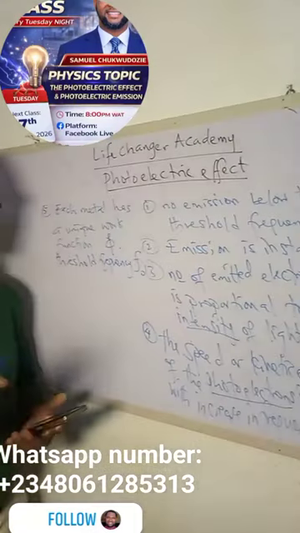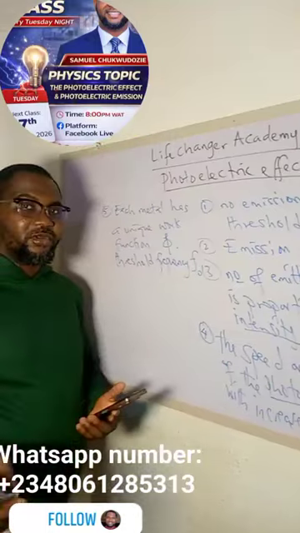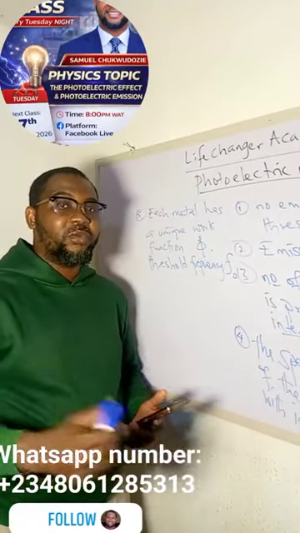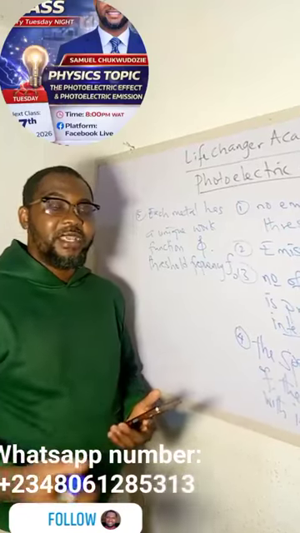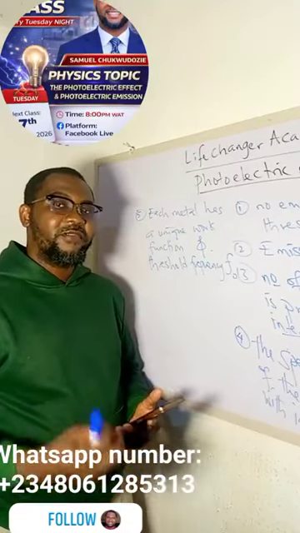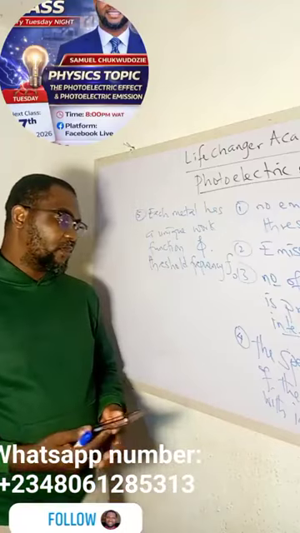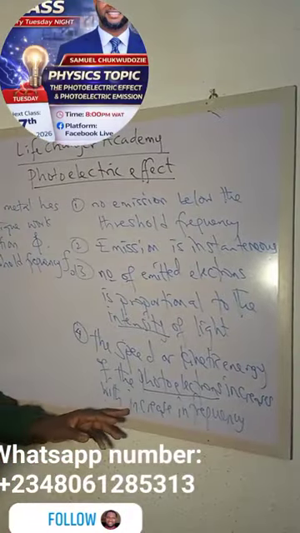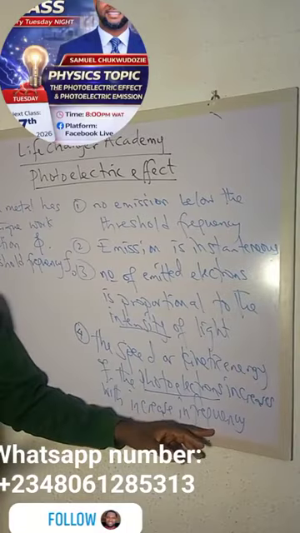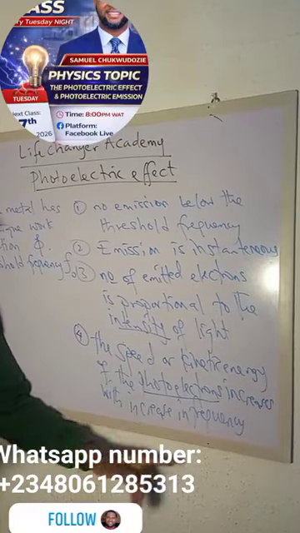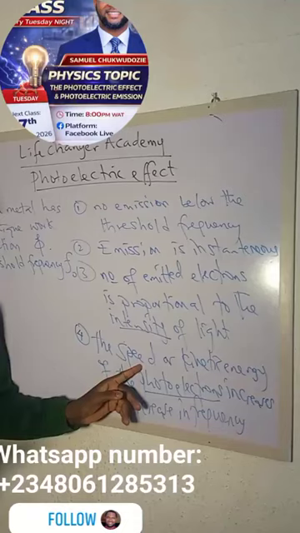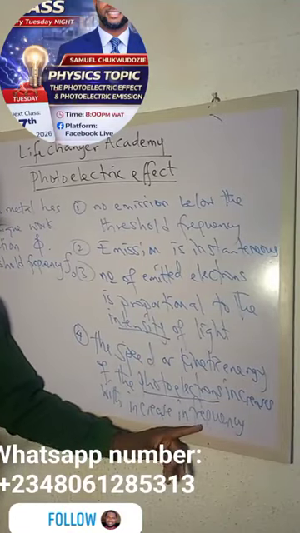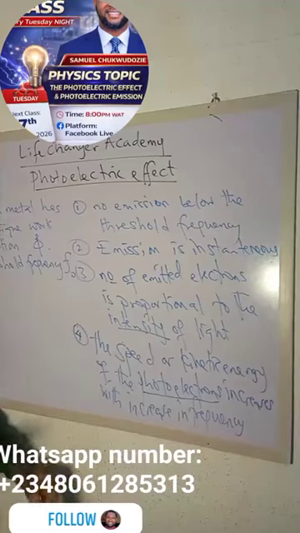Remember I said that intensity of light has nothing to do with ejection, but if the intensity is more, the number of electrons ejected will be more. If the intensity is less, the number of electrons emitted will be less. Number 4, the speed or kinetic energy of the photoelectrons increases with increase in frequency. So if I want the electron to gain more speed or more kinetic energy, they are related, all I need to do is to increase the frequency.